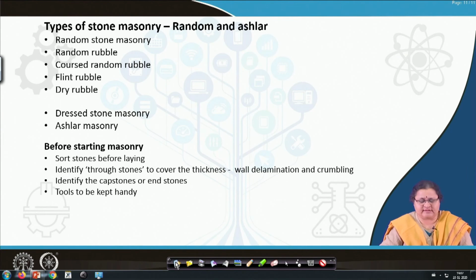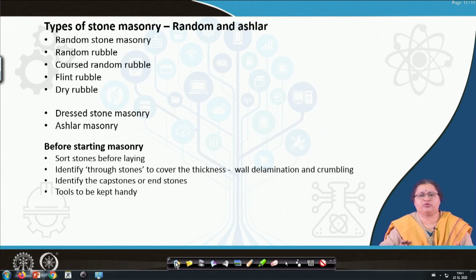We will see those, but before that we should check that on site stones are to be sorted. As in case of bricks, we had to make brick bats, we had to make brick closures to end the wall, to turn the wall. Here also you need to sort the stones before laying. So, similar kinds of stones in thickness, similar kinds of stone in form are to be identified.